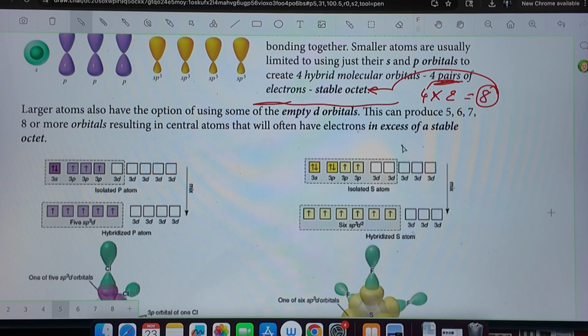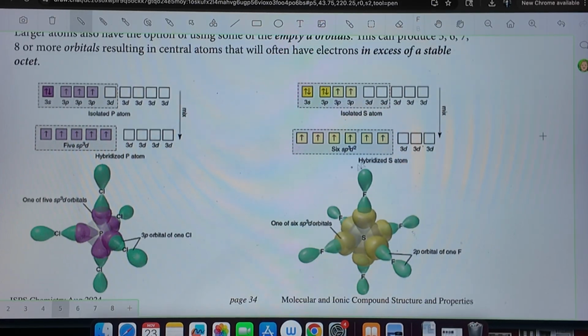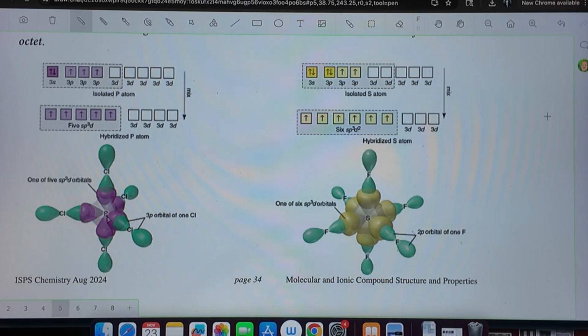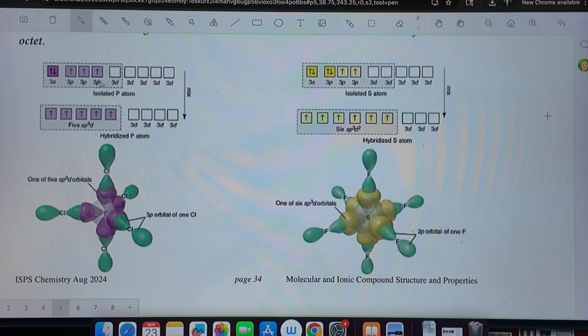Okay, and so here's an example. This is a phosphorus with 5 chlorines, and I guess they're showing us that one of the electrons ends up here, sp3d.